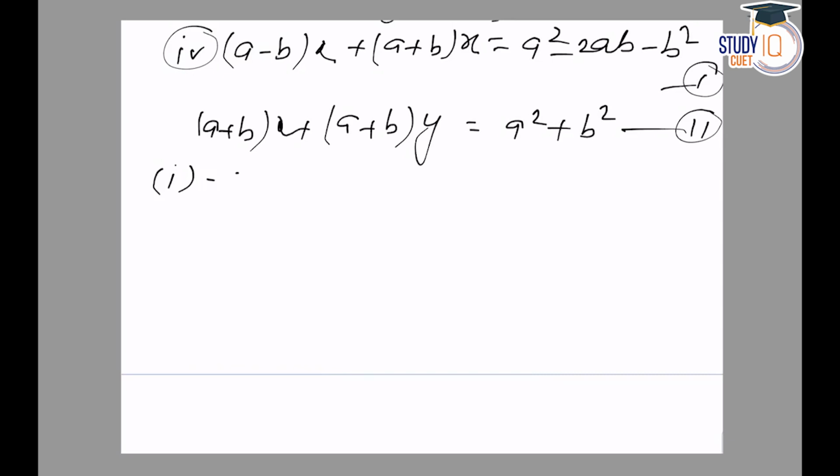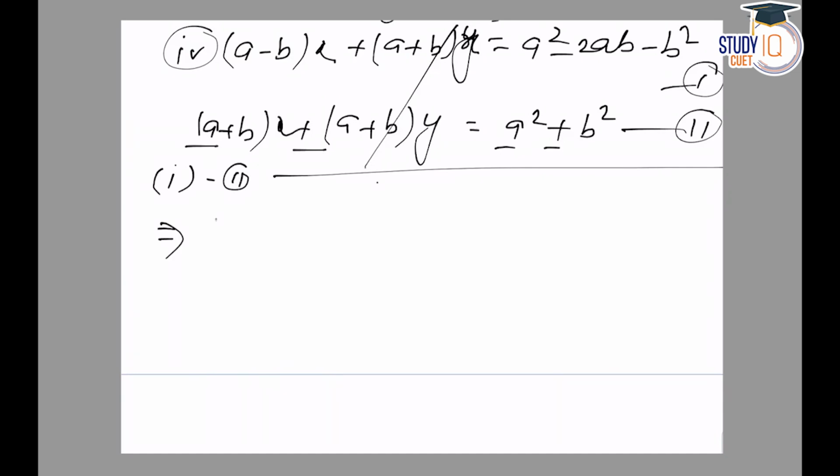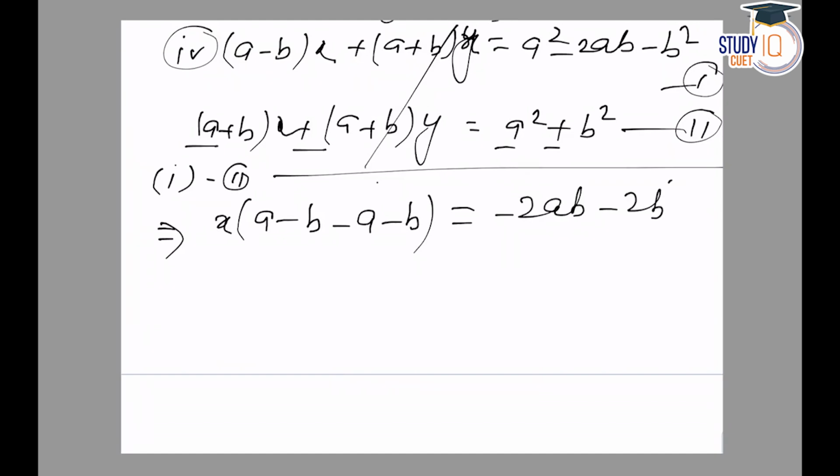So equation 1 minus 2. We subtract the given equations, so y will be cancelled out, and we get x times a minus b minus a minus b equals minus 2ab minus 2b square.